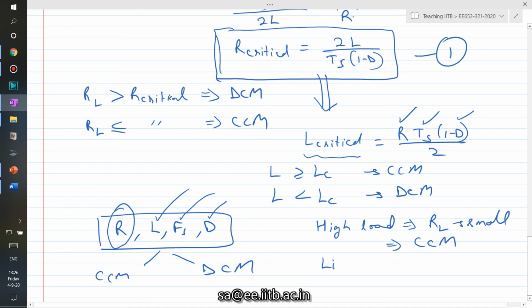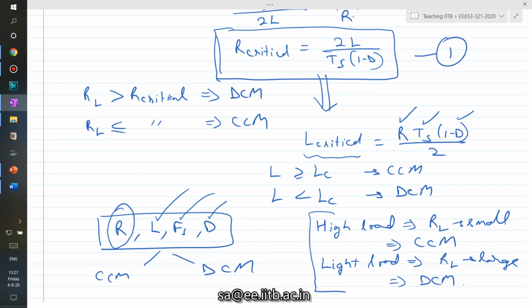And when you are lightly loaded, that means your load current is small, your load resistance is large, then you would be operating in DCM. This is generally how a converter would behave. But while designing it, you can manipulate L, Fs, and D, and decide what the critical resistance value for that converter should be.